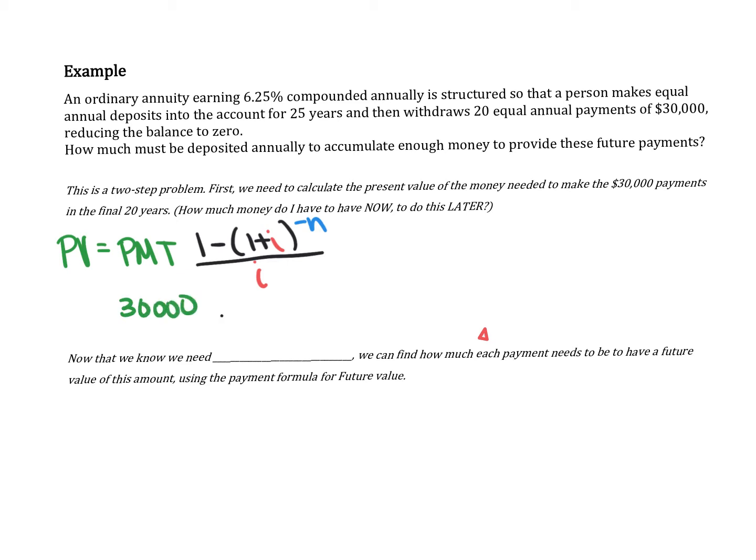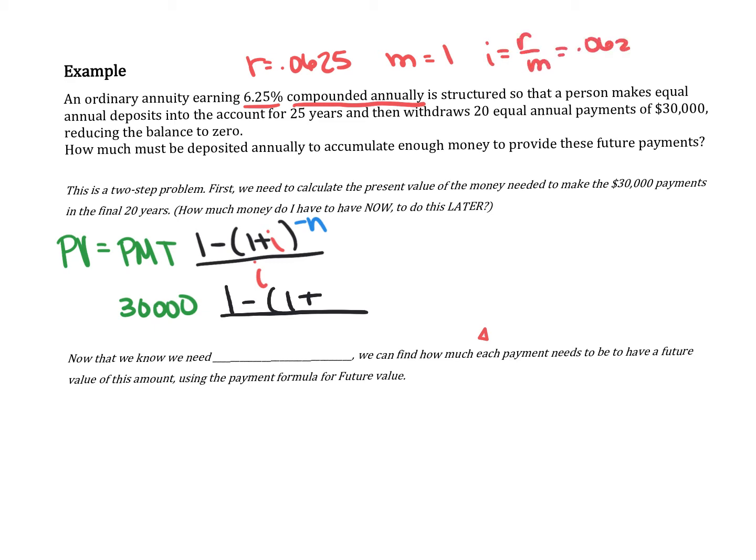And to figure out I here, my periodic interest rate, I'm going to take R, which is equal to 0.0625. I'm going to divide it by how often I'm compounding annually, so my M is equal to 1. So I is equal to, remember, R over M, 0.0625 divided by 1, which is just 0.0625.